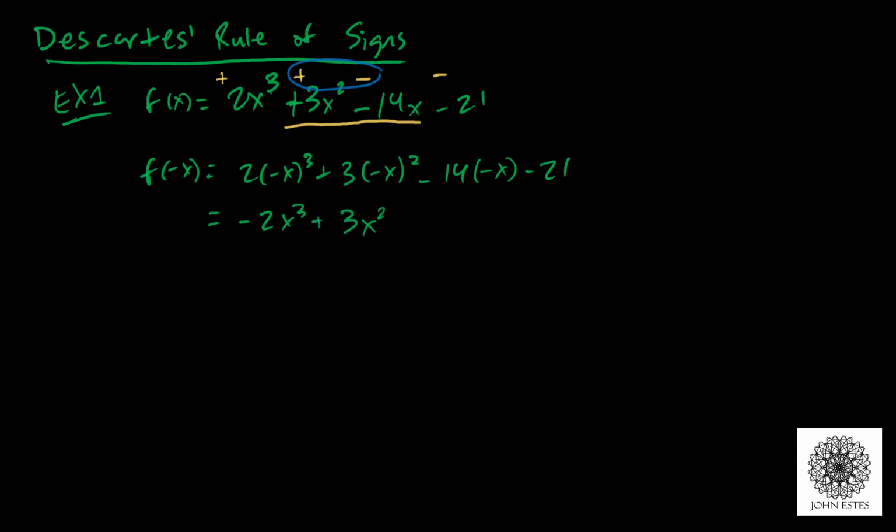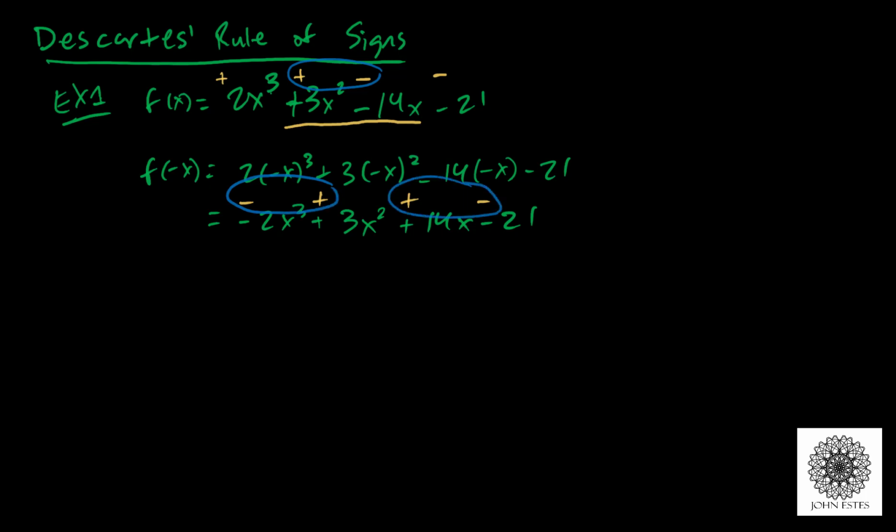Negative x times negative x is positive x squared. I get a plus 14x here and a negative 21. Now I want to look at those sign changes. I went from negative to positive, there's one. Positive to positive, that's not a change, and then positive to negative, so there's another one. So in this example, I had 2 sign changes.